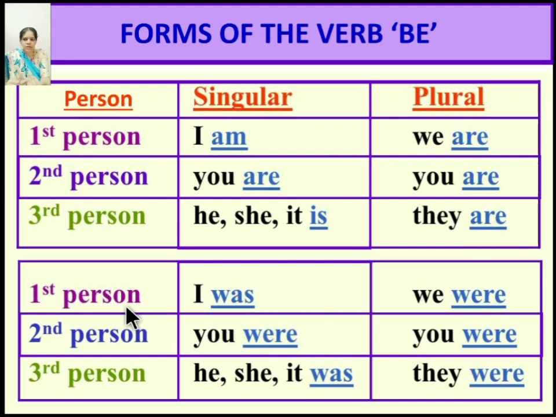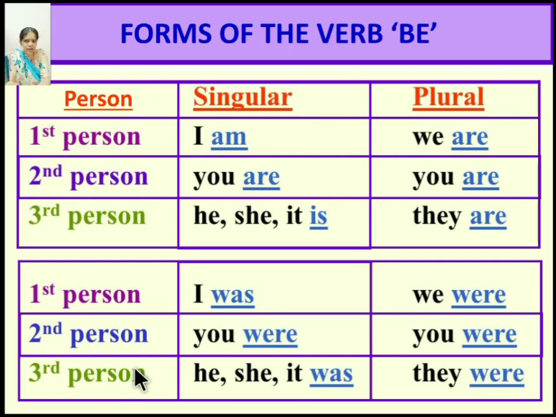Then past tense form, first person past tense singular, I was. Second person past tense singular, that is you were. You was, no, you were, always you were, because it is past tense, and I'm talking about second person right now.